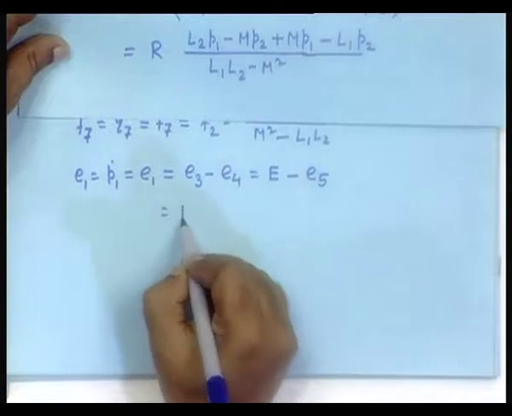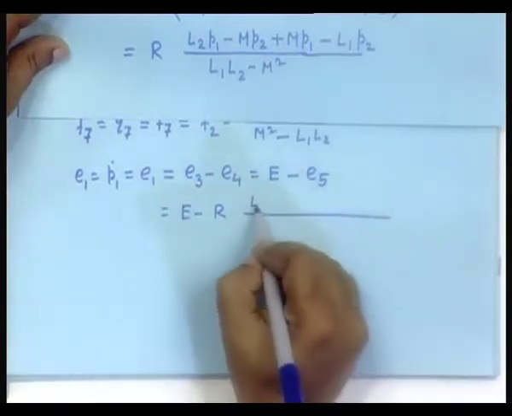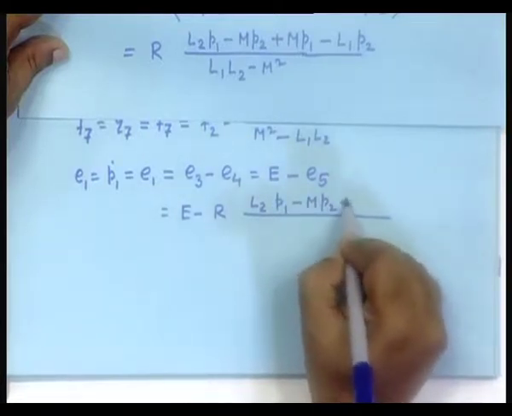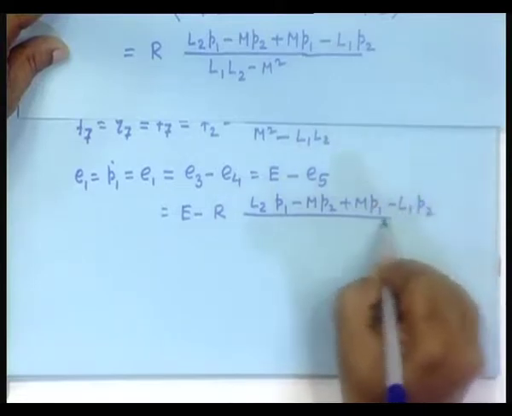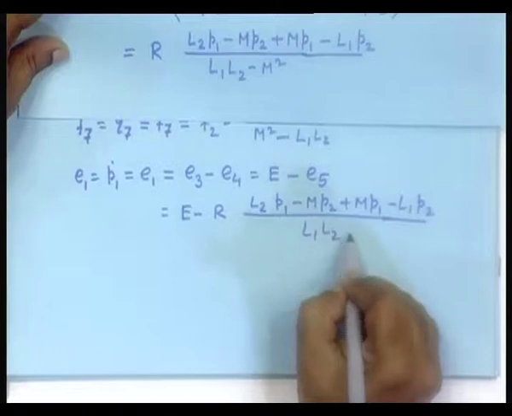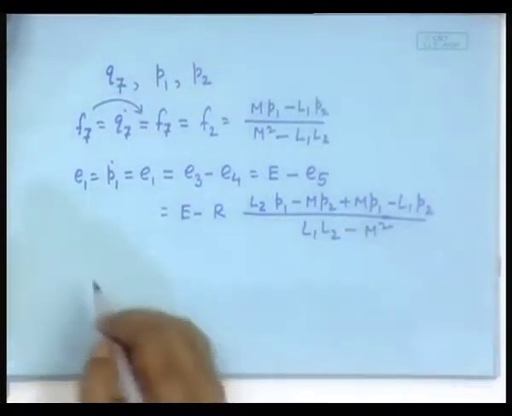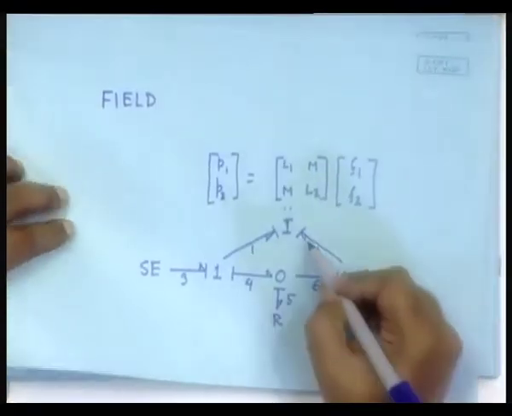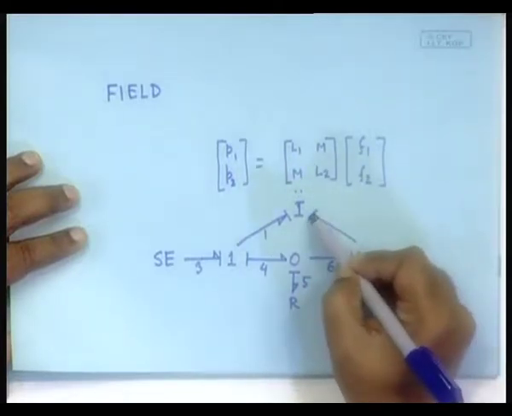So, it is equal to E minus R times this big stuff: L2 P1 minus M P2 plus M P1 minus L1 P2 divided by L1 L2 minus M square. Done. Third question we ask with respect to this particular bond: this element receives E2 through this bond.